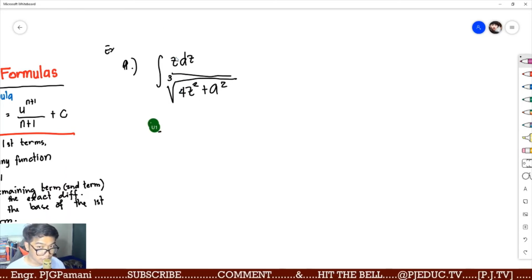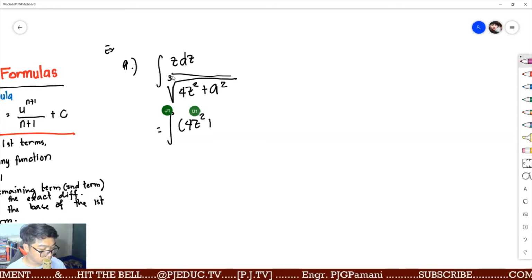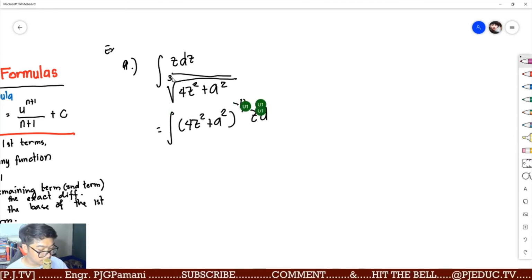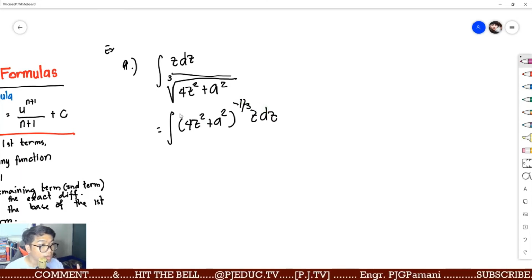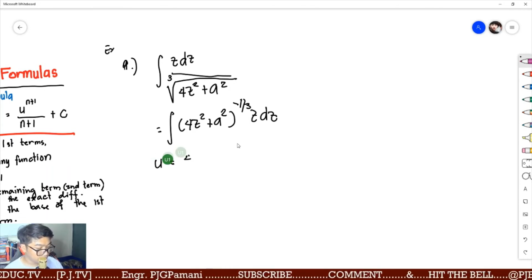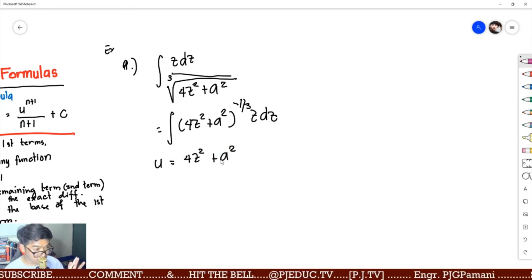Simplify muna natin para mas madaling makita yung pwede natin gawing solution. That is 4z squared plus a squared raised to negative 1/3 z dz. Now, kailangan nyo ngayon mag-introduce ng correcting factor. Identify our integrand u, first term, that is your 4z squared plus a squared. Remember, 4 and a squared is constant.